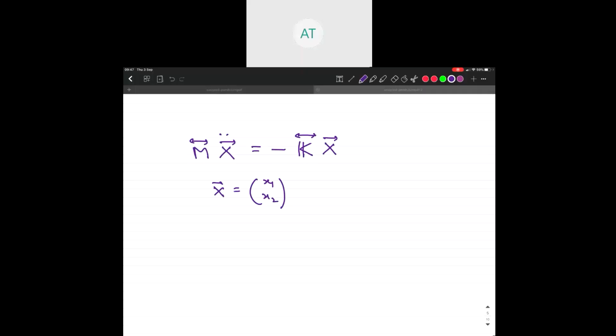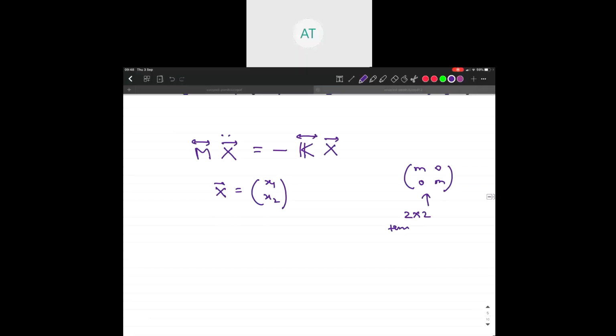When we are writing this m, it's a 2 by 2, but what rank tensor? Scalar is a tensor of rank 0, vector is a tensor of rank 1, and this is a 2 by 2 tensor of rank 2.